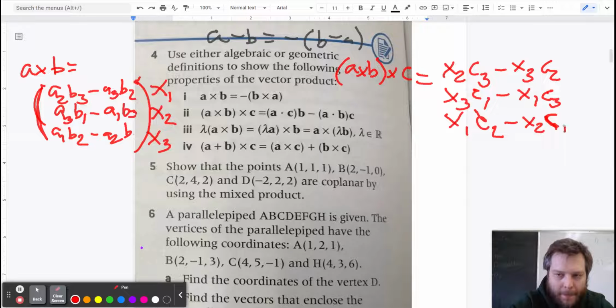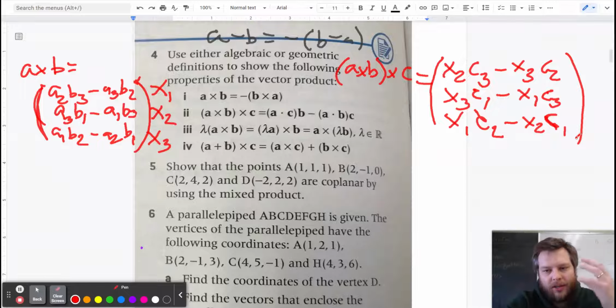And I'm just using the x and c's because I want to make sure that you see I'm just using the same cross product formula again.